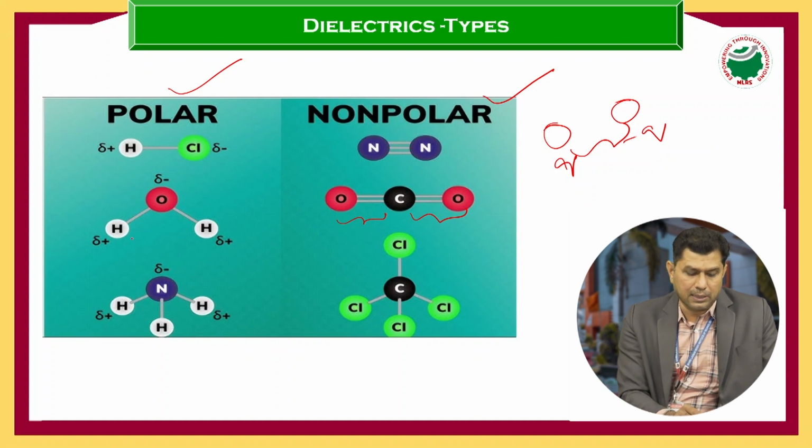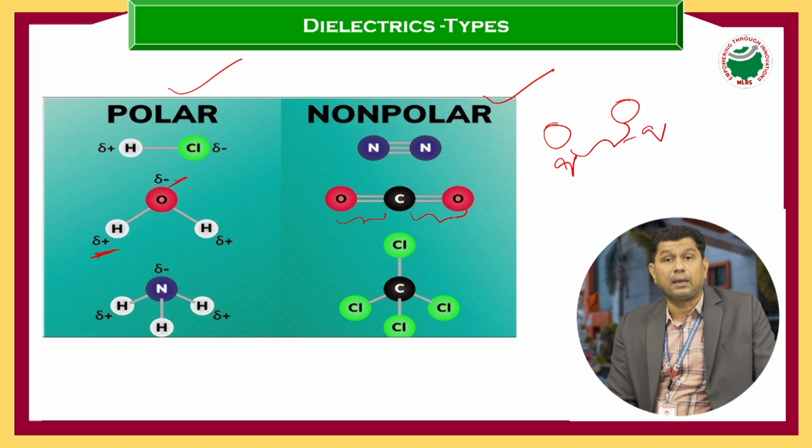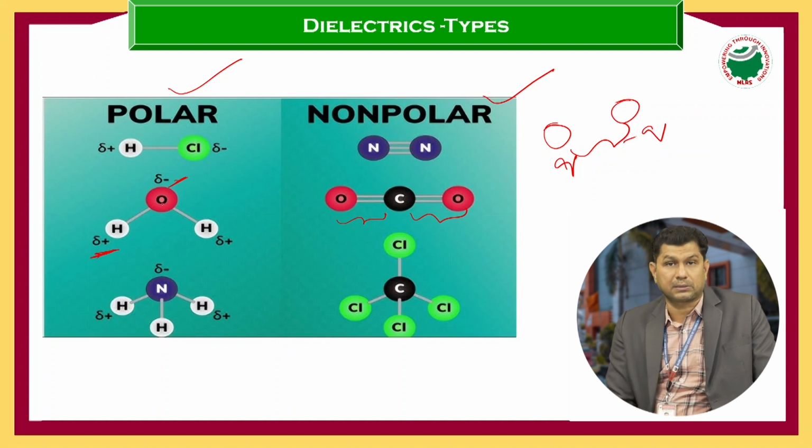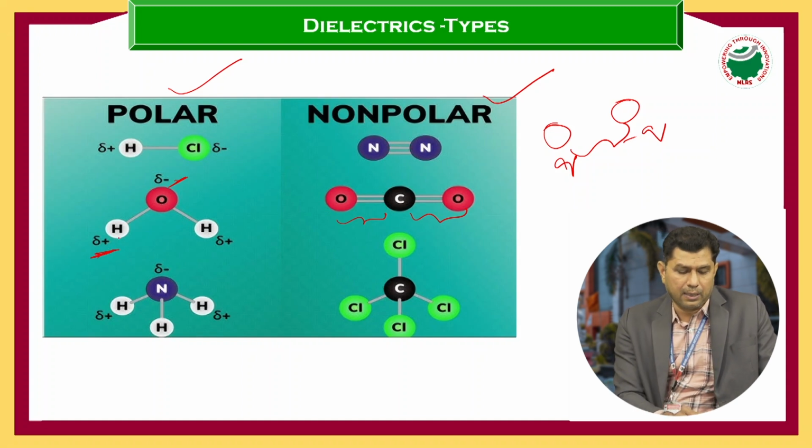But when you consider a water molecule, the hydrogen edge represents the positive, the oxygen edge represents the negative. Why? Oxygen is more electronegative. The electron of hydrogen also spins near the oxygen. That's the way here what happened, positive charge, negative charge separated by certain distance. Dipole.